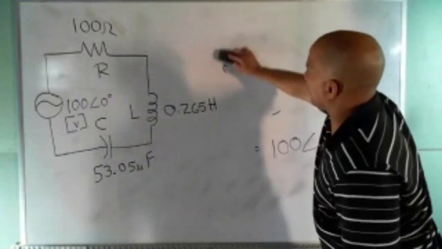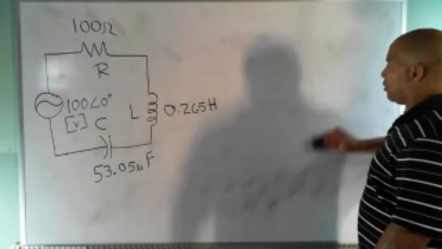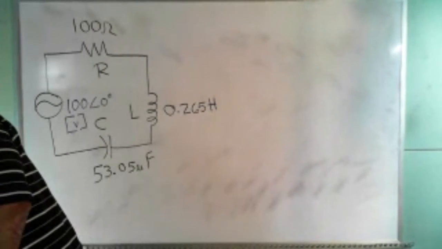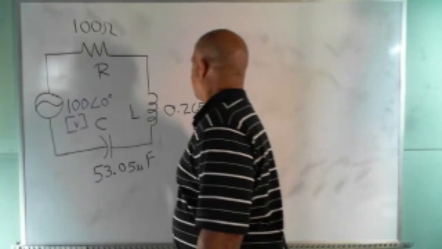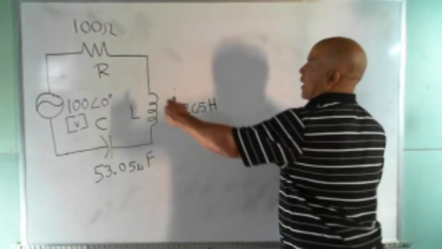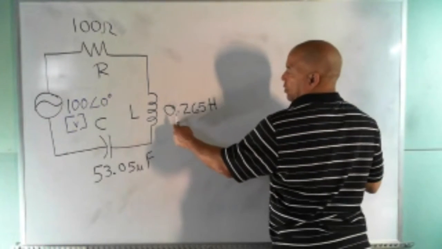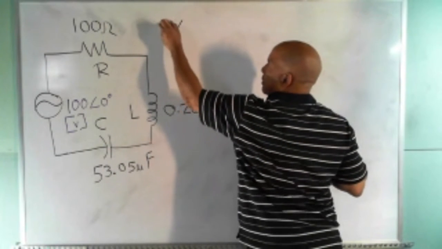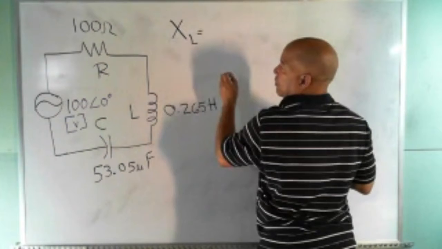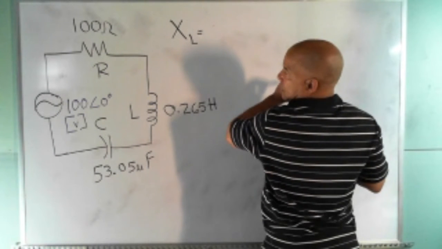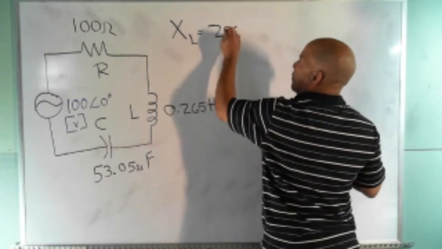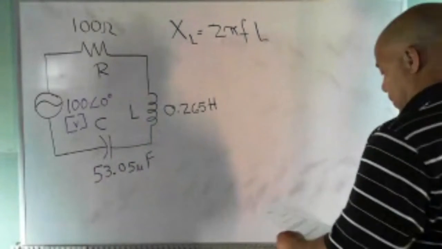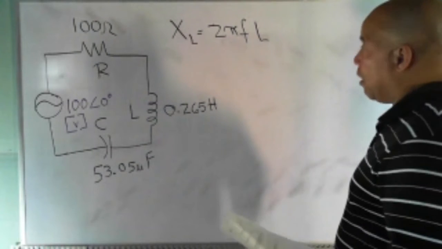So the second part is to convert all oppositions to polar and rectangular form. The resistor is already an opposition. To convert the inductor, I have to change L to XL. I thought they gave me the frequency. Oh, you know what it is?